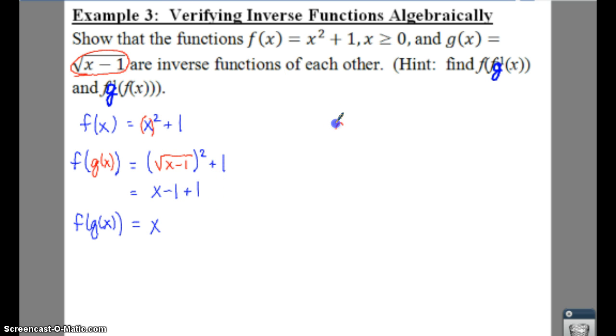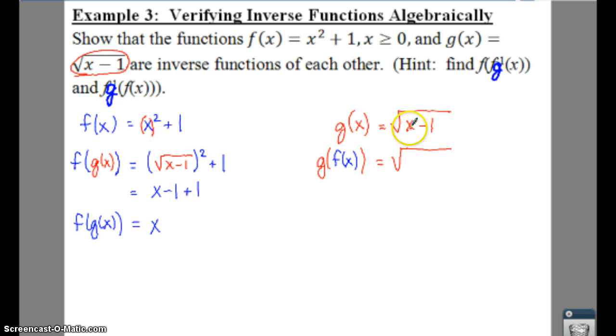And if we want to find g of f of x, then we need to plug our f of x into g. So we're going to take our f of x function and substitute in for x in your g function.